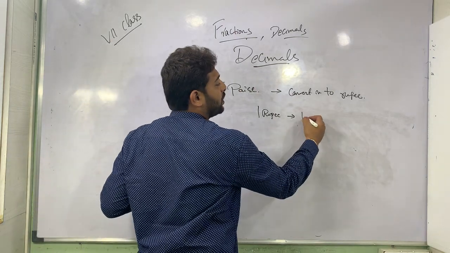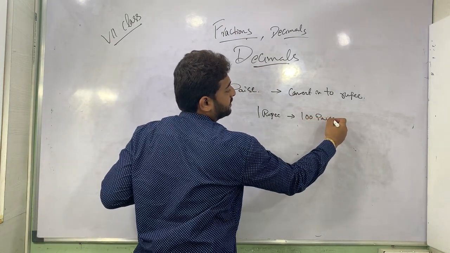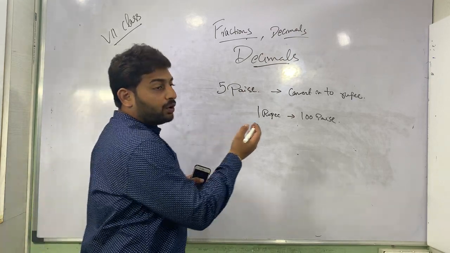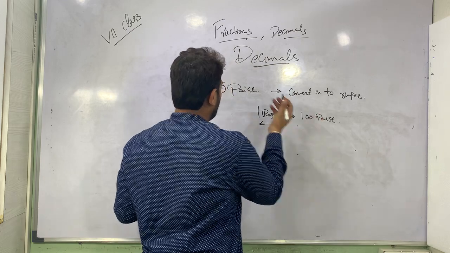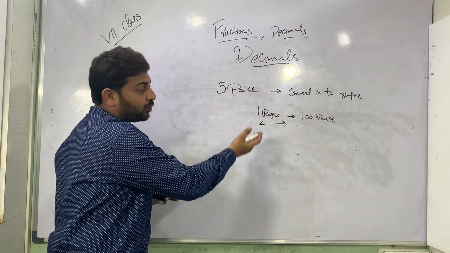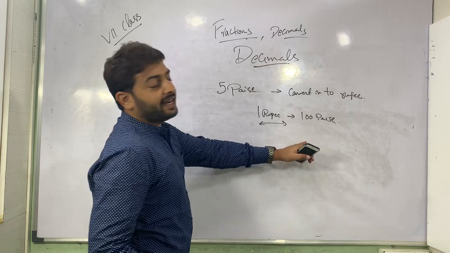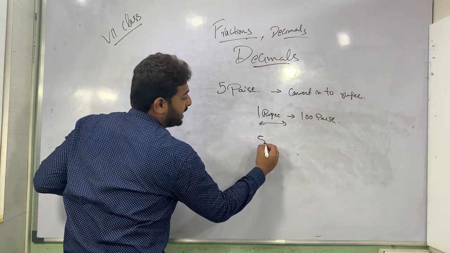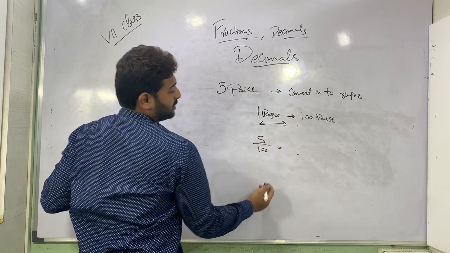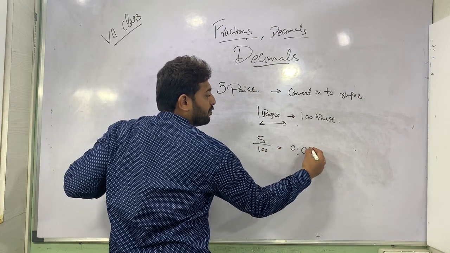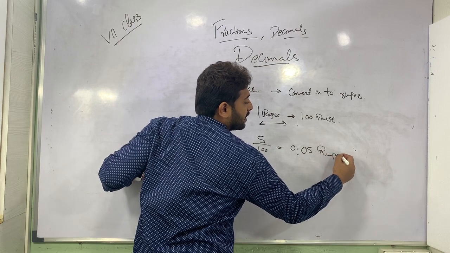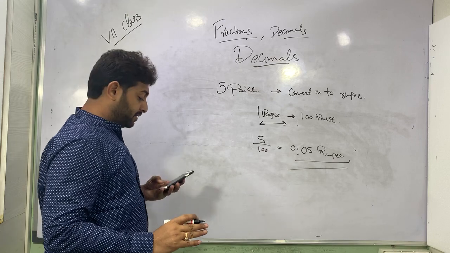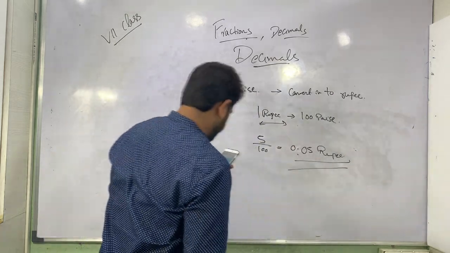So 1 rupee equals 100 paise. Now you know the value of 1 rupee. If you want to convert 5 paise into rupees, you just need to divide 5 by 100. So 5 by 100 equals 0.05 rupee. So 5 paise can be written as 0.05 rupee. Clear?